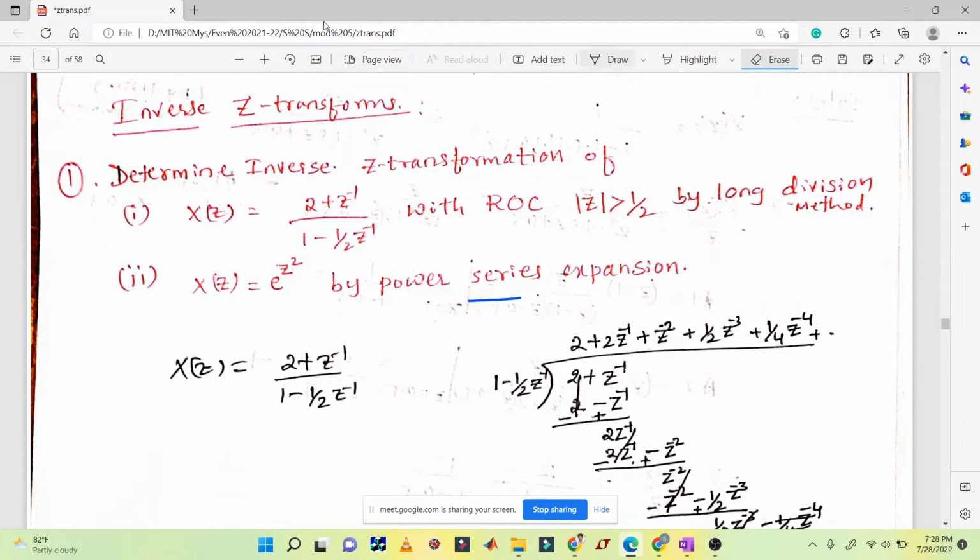Now you can see the very first problem here. Determine the inverse z transformation of x of z equal to 2 plus z inverse divided by 1 minus 1 by 2 z inverse.